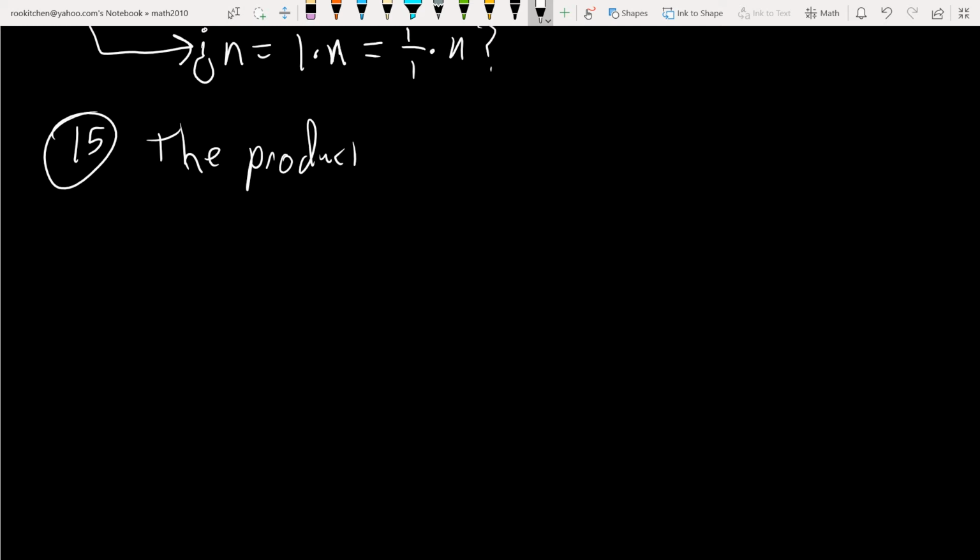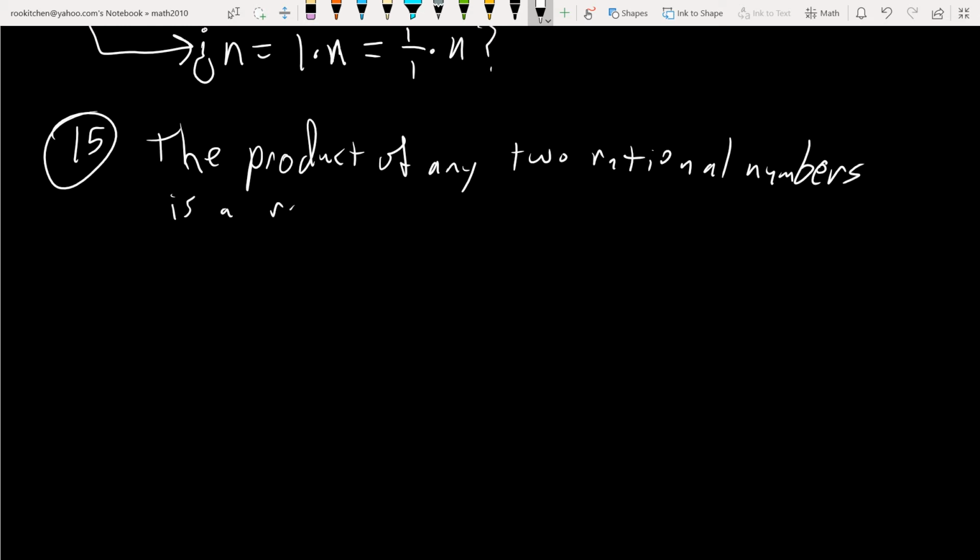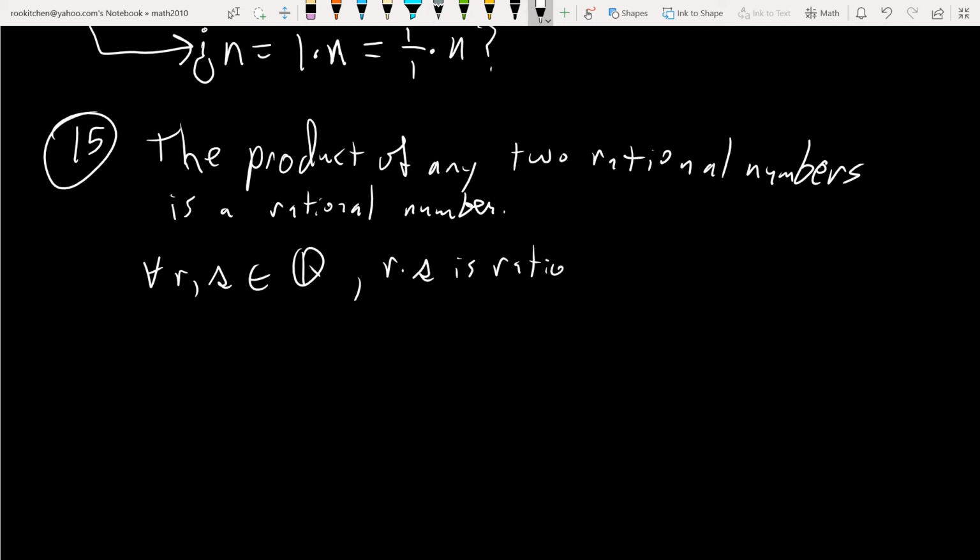Anyways, we're trying to prove the product of any two rational numbers is a rational number. So for all r, s in the rationals, r times s is rational.